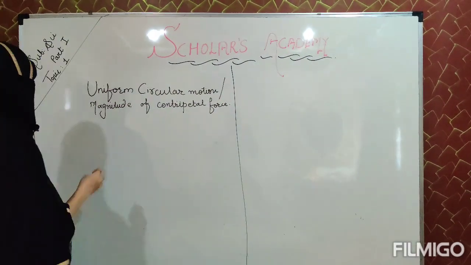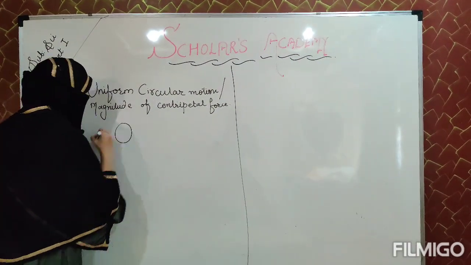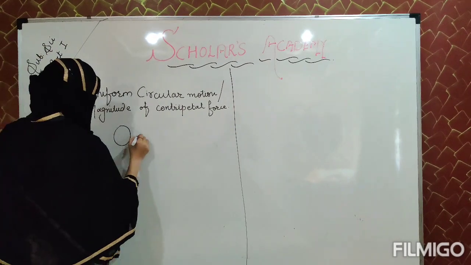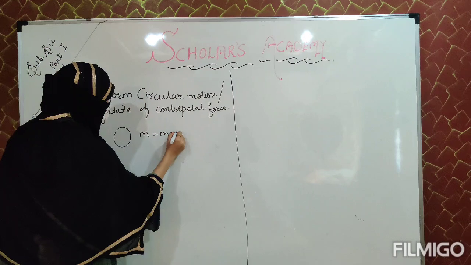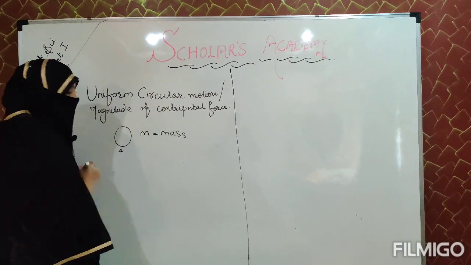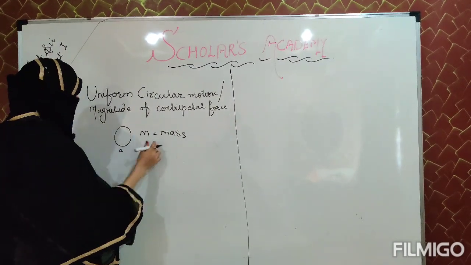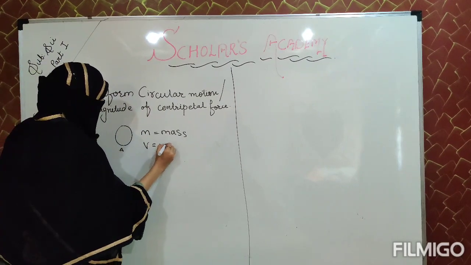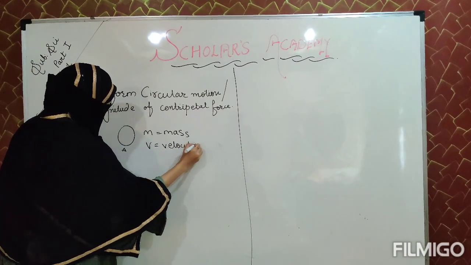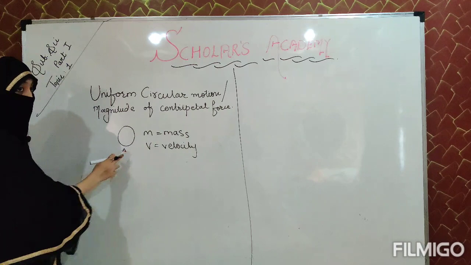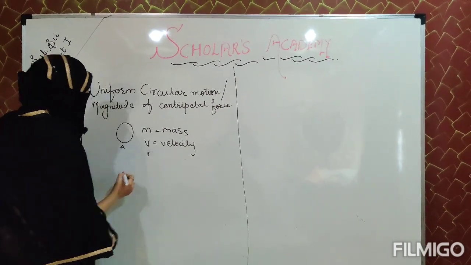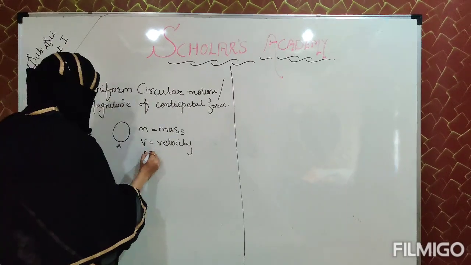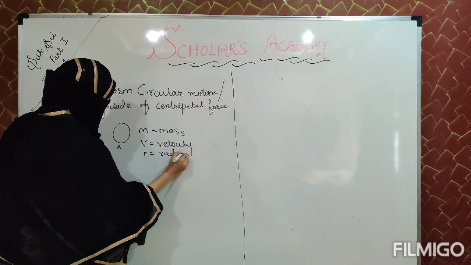Now suppose an object A is there, having mass m and velocity v, moving in a uniform circular motion, and the circle it is traveling has radius r.